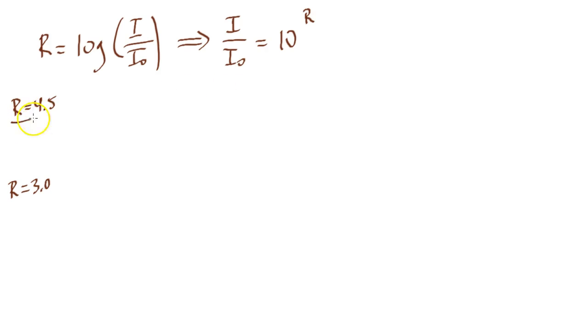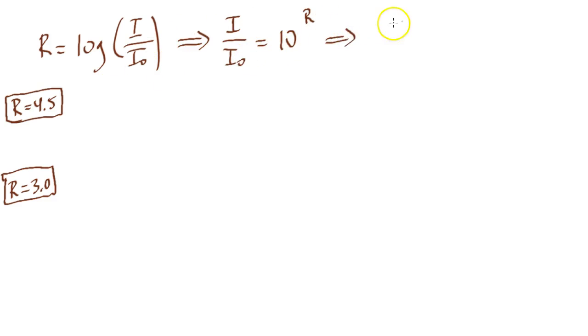So now we have the ability to solve for the intensity for each of these R values. So we have R equals 4.5. We can solve for the intensity. Now you see the I sub O on the right side of the equation, so we can easily multiply that to the other side.